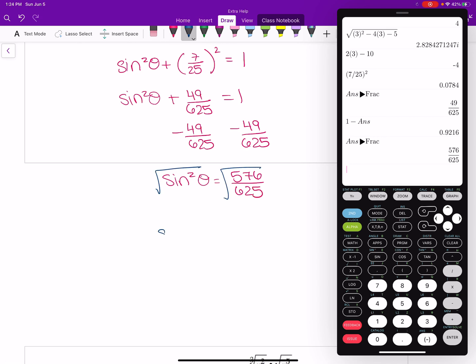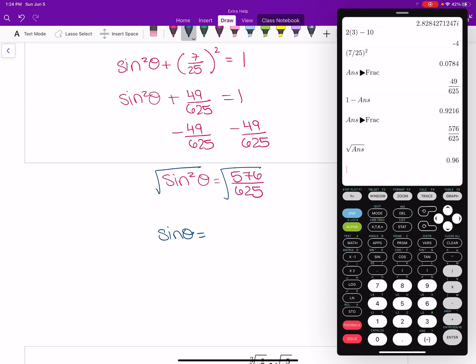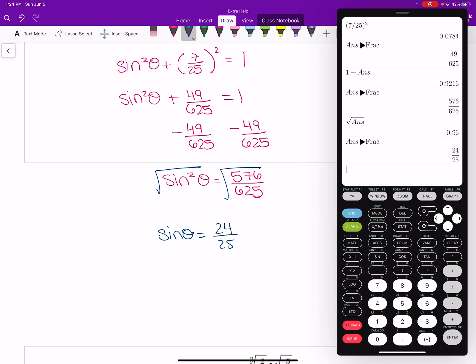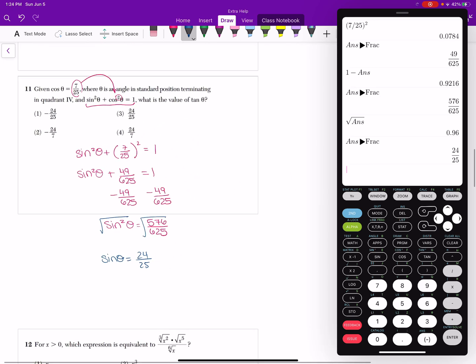Take the square root. So we get that sine is 24 over 25. We're looking for tangent. Tangent is sine divided by cosine. That would have to be memorized.